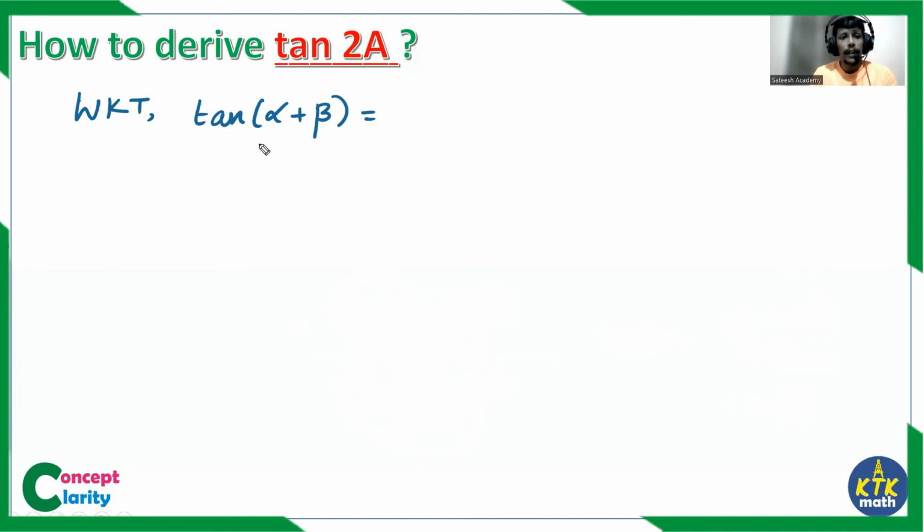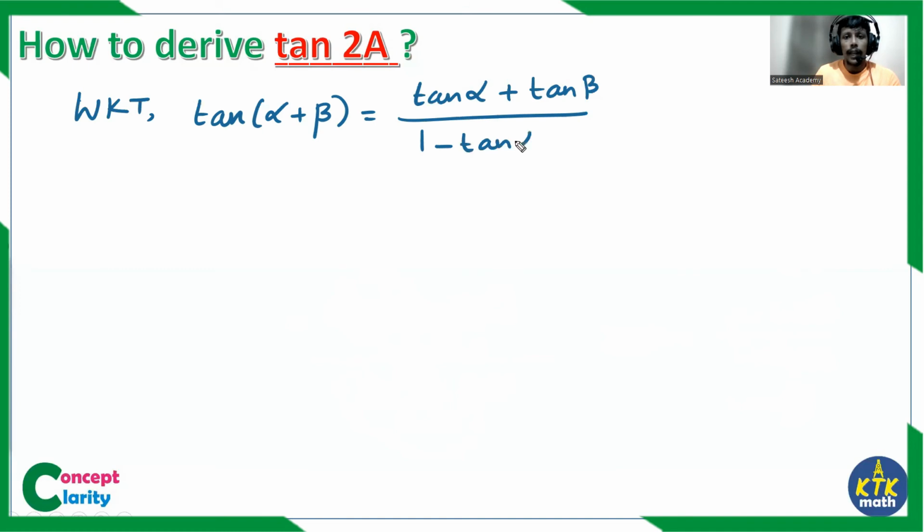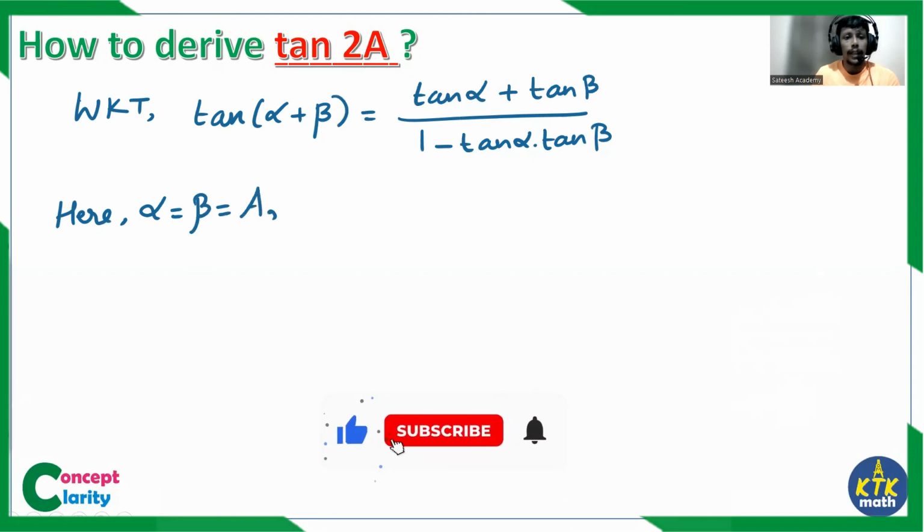I hope you know this identity. Tan alpha plus beta is tan alpha plus tan beta by 1 minus tan alpha into tan beta. Just like what I have done with sin 2a and cos 2a, here also I am just going to assume both alpha and beta are equal to a.